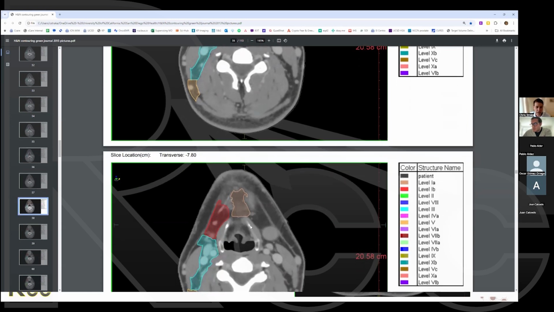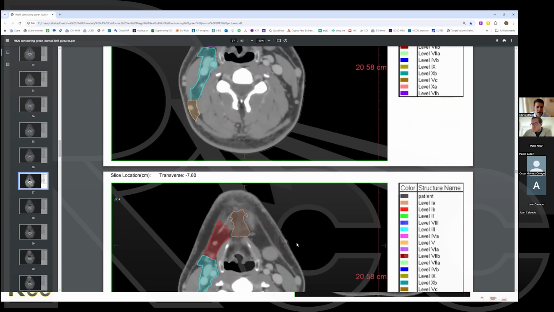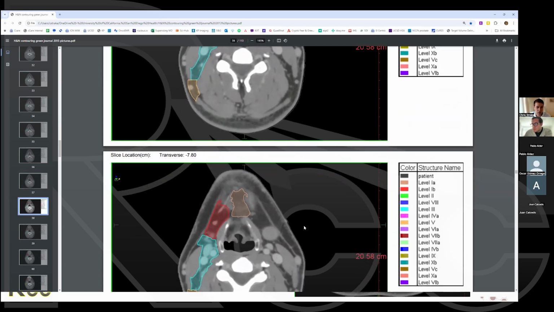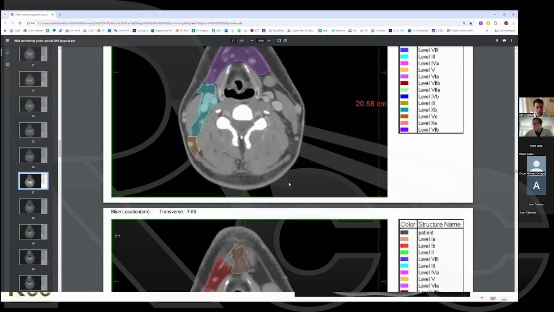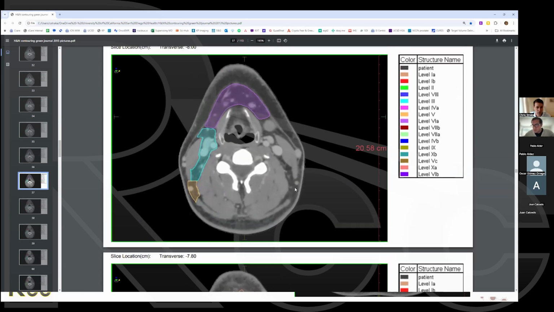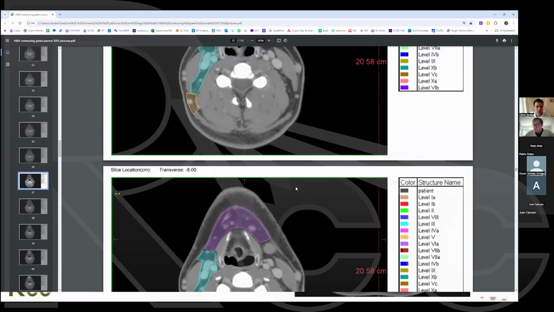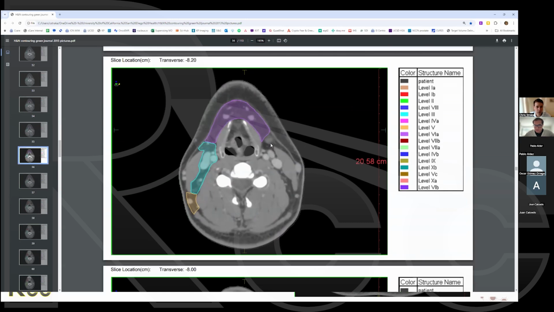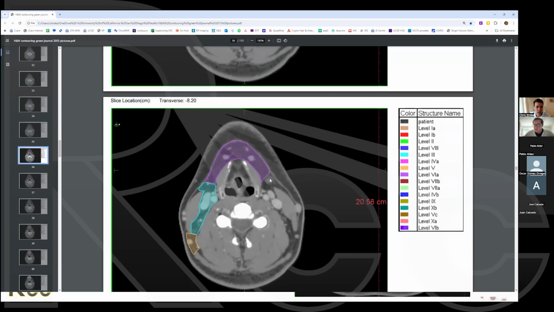Just to point it out here, here's the last slice with level 1. And then the very next slice, as we transition out of those submandibular glands and digastric muscles, we're now getting into level 6. It's pretty clear where they're starting here. On the right side of the screen, the patient's left, that's the bottom of their submandibular gland.